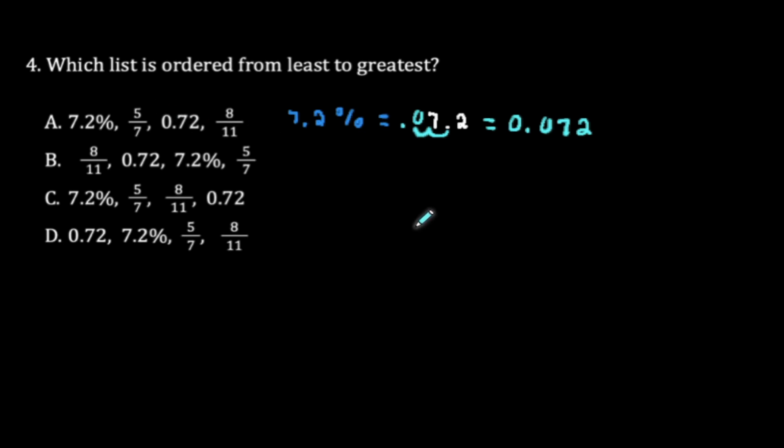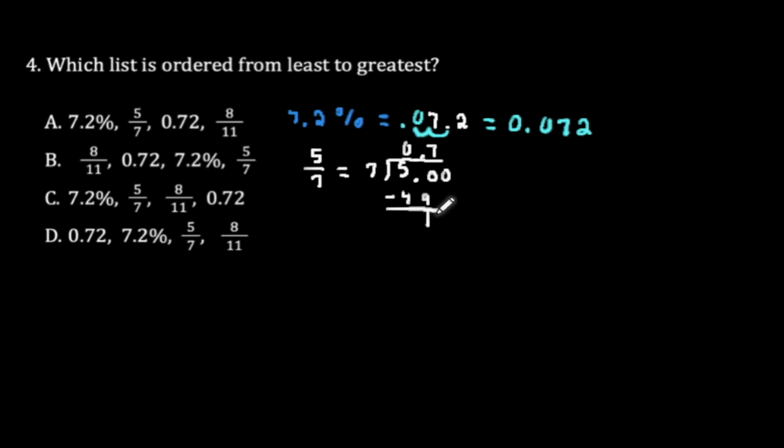Okay. What about 5/7? This is a fraction, so we can go ahead and divide. So we have 5 divided by 7. We'll place decimal zeros here. 7 goes into 5 0 times. 7 goes into 50 7 times. 7 times 7 is 49.